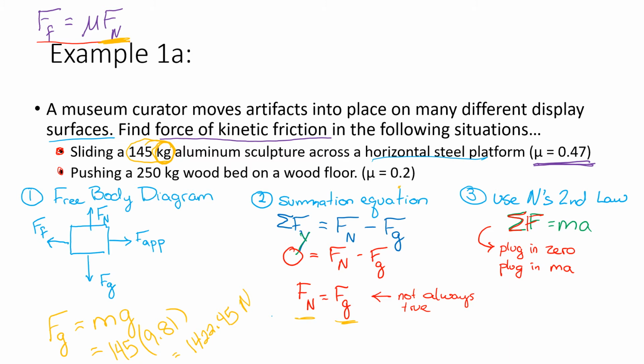Now we can plug into this equation up here. Force of friction equals mu, the coefficient of friction. How much is the coefficient of friction in this situation? 0.47 times the normal force, which is equal to the force of gravity, so 1,422.45.